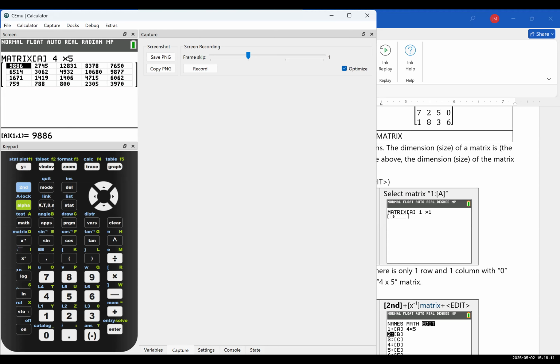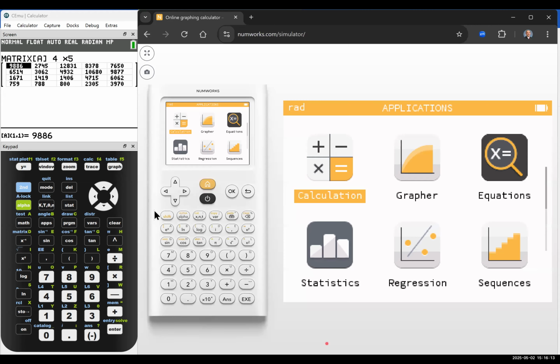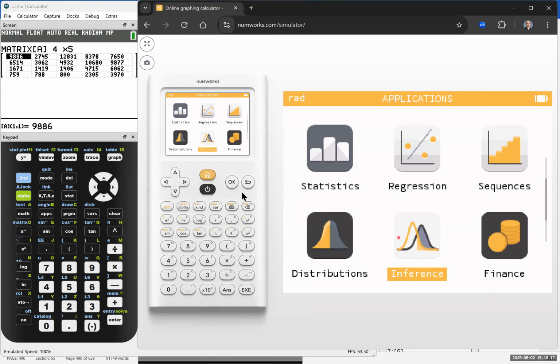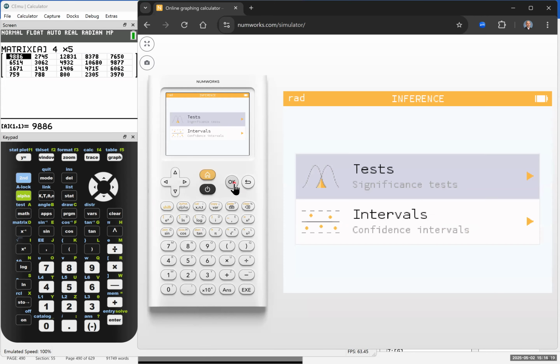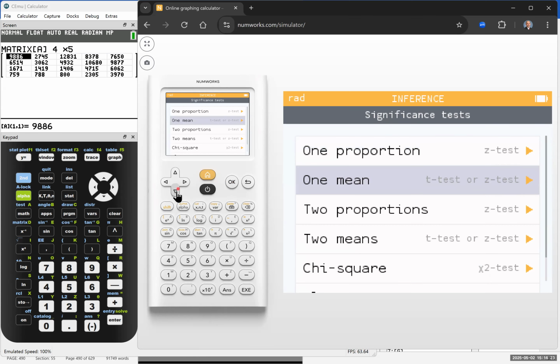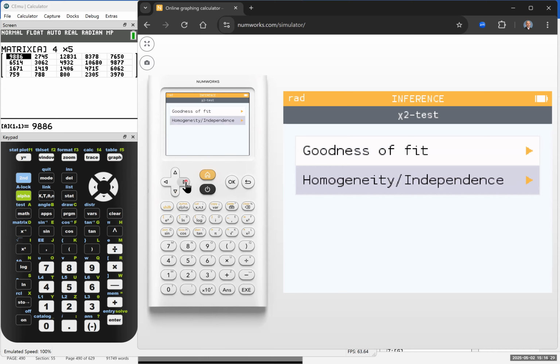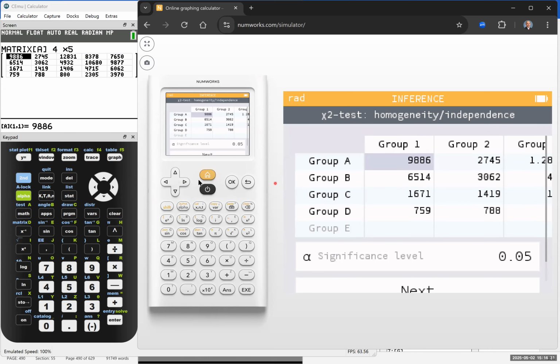On the NumWorks calculator, you're going to go to the Inference app and click OK. Go to Tests, go to chi-squared, but now you're going to do a homogeneity independence test. You can see here, you don't have to set up a matrix.